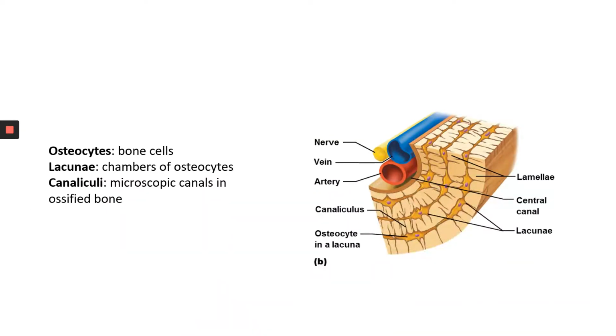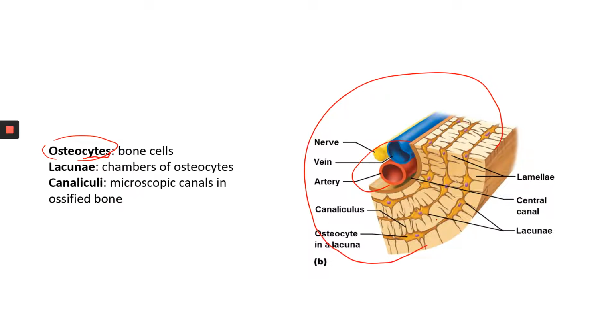Now there are a few more structures. Osteocytes: every time you see "cytes," that probably indicates some kind of cell. Osteocytes are bone cells, and you can find them pretty easily. When you look at the compact bone within each osteon, if I draw the whole thing, this is one osteon.